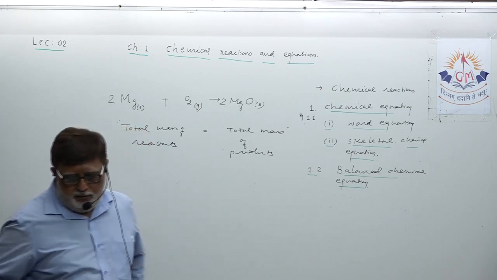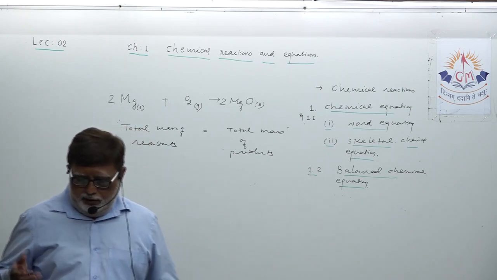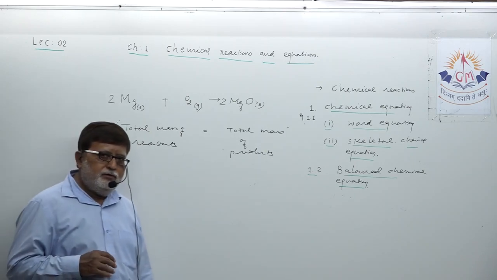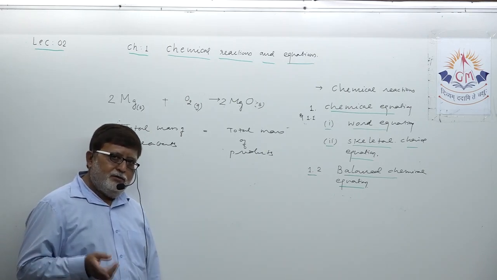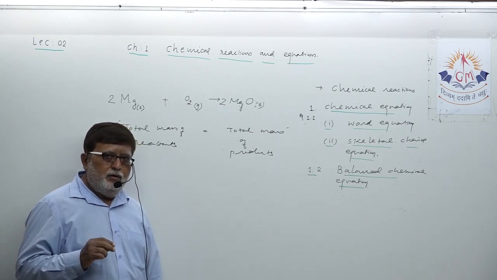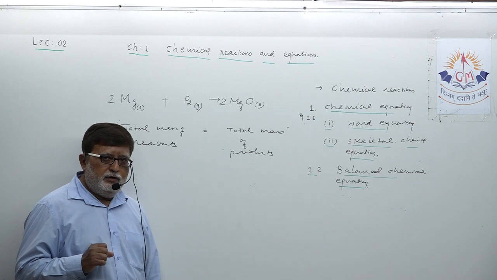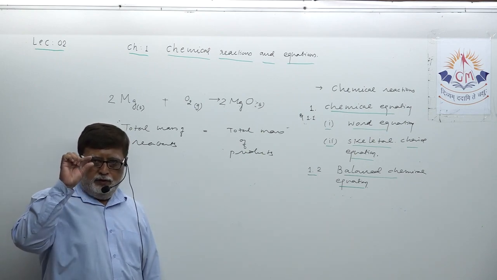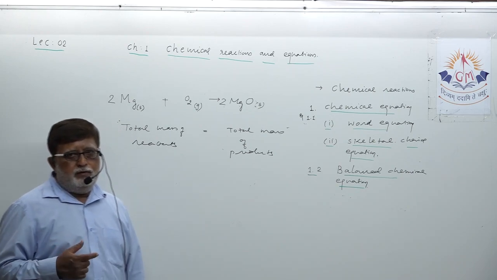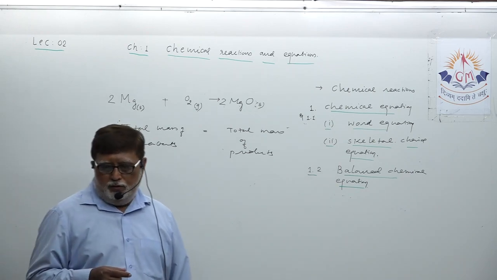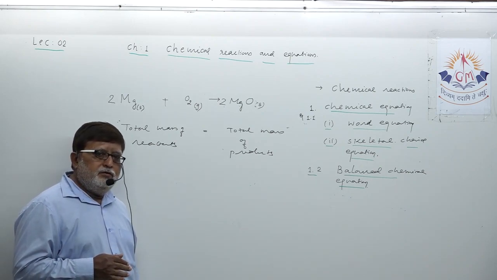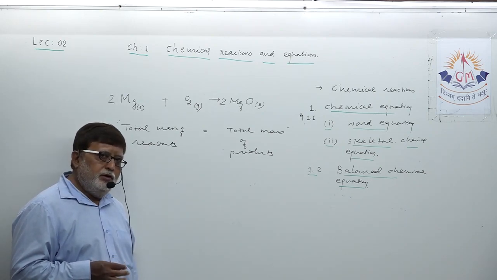Mass can neither be destroyed nor created during any chemical equation. Understand? You are asked this in the exam sometimes: write the law of conservation of mass. In the material it is given in two small statements. What is that? Mass can neither be created nor destroyed, but the total mass remains constant in this universe.